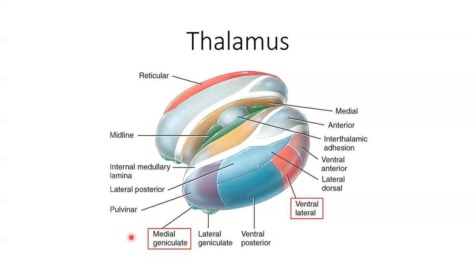For example, the medial geniculate nuclei relays all of the auditory impulses for hearing from the ears to the primary auditory area of the cerebral cortex. The lateral ventral nuclei receives all of the input from the cerebellum and the basal nuclei and sends the output to the motor areas of the cerebral cortex.